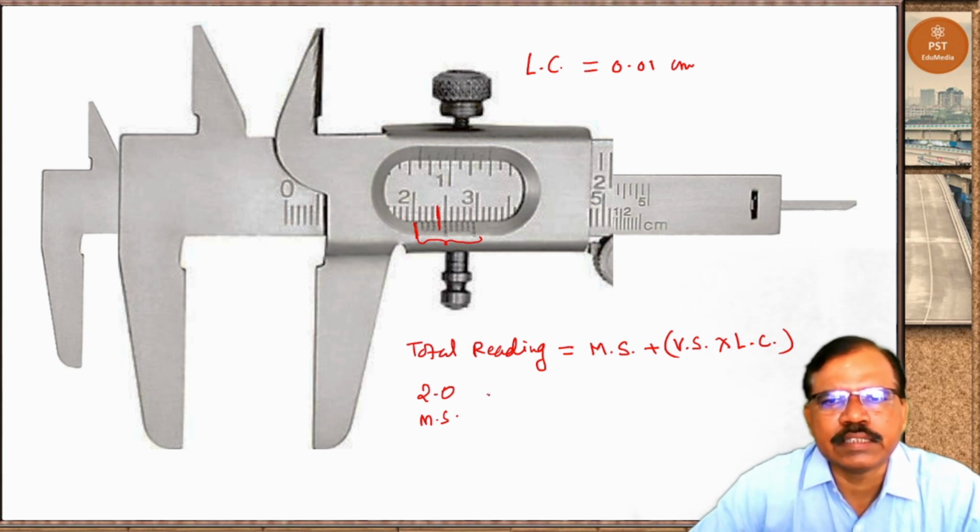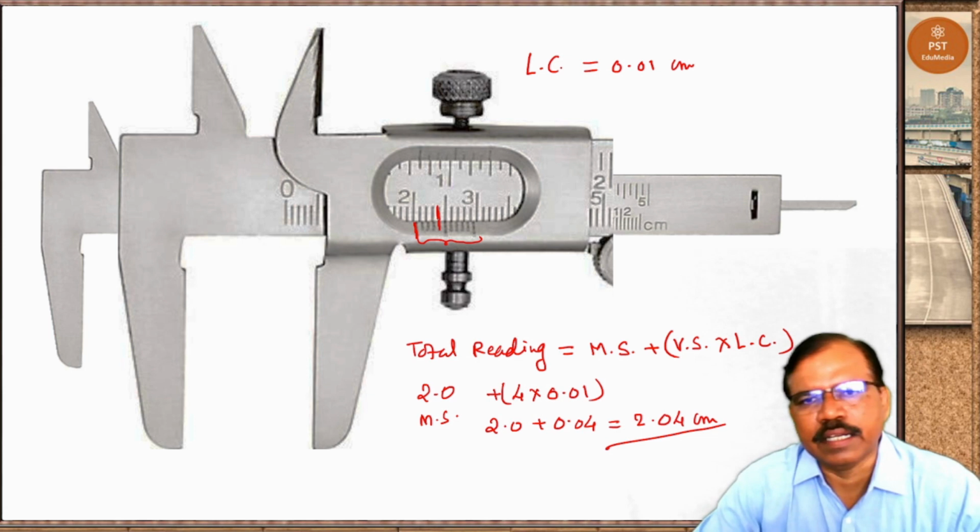So vernier scale is 4 and it is multiplied by 0.01. So you'll get 2.0 plus 0.04. So you will get here 2.04 centimeter. This is the reading here.